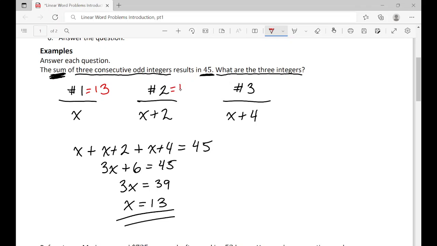So it's going to be 13 plus 2, which will be 15. And the last one's going to be whatever x is, which is, again, 13 plus 4, which will be 17. So my answers are 13, 15, and 17. 3 consecutive odd integers.